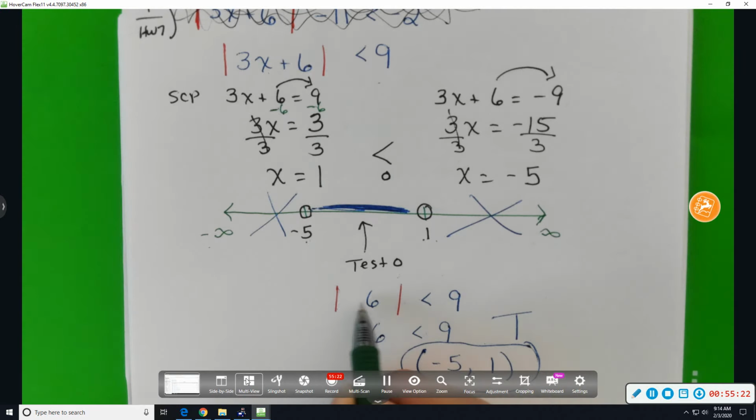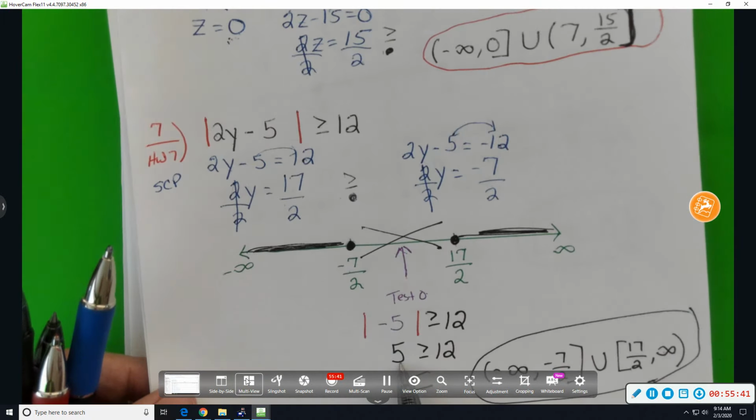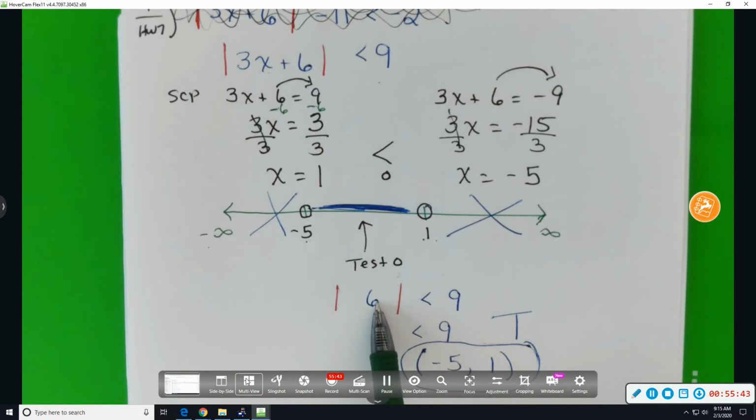Oh, wait. If this had been a negative 6, it'd still be a 6. The absolute value of a negative number is a positive number. Okay, so it was here that we were talking about. Like right here, there was a negative. The absolute value of a negative 5 is 5. But the absolute value of a positive is still that positive number. Okay? Another question?